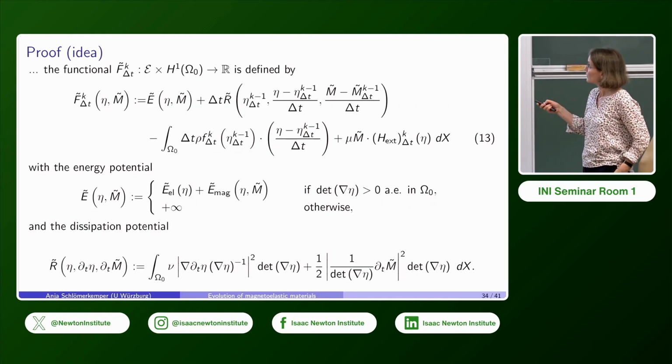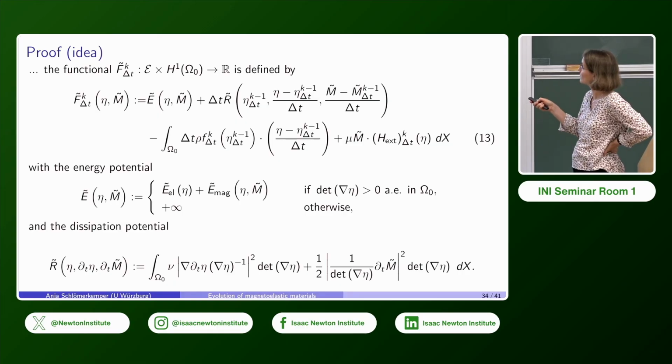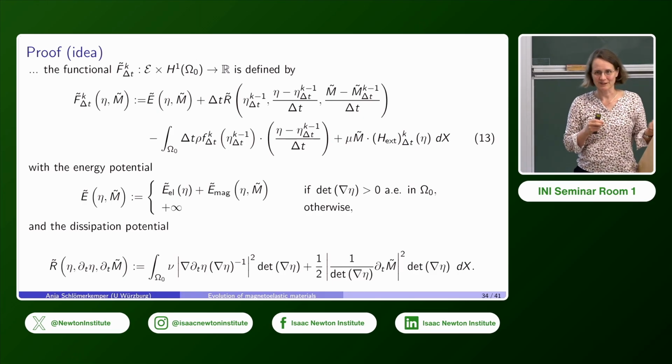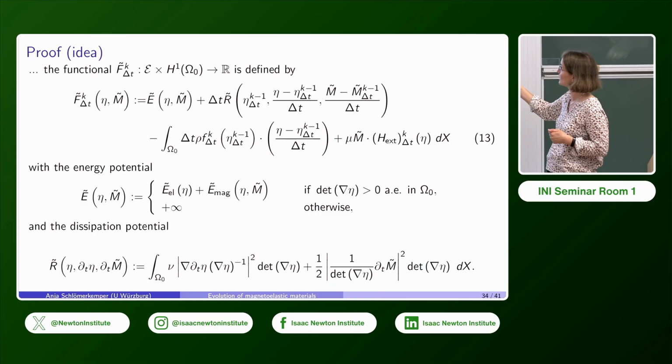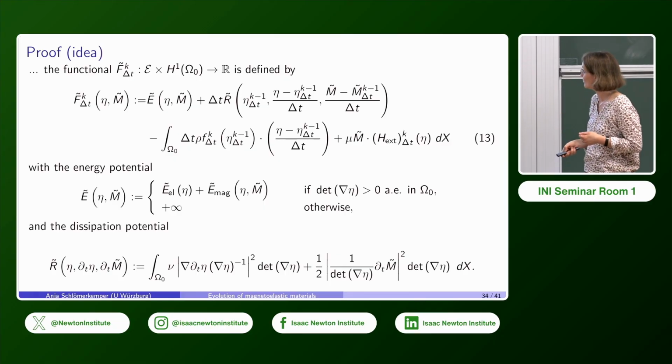The functional F tilde is given by the energy potential, I define in a second. Then we have delta t times the dissipation potential in the discrete setting. Instead of having the time derivative of eta, we look at this expression here, eta at k minus the deformation, the minimizer at time step k minus 1, divided by delta t, and similarly for m.